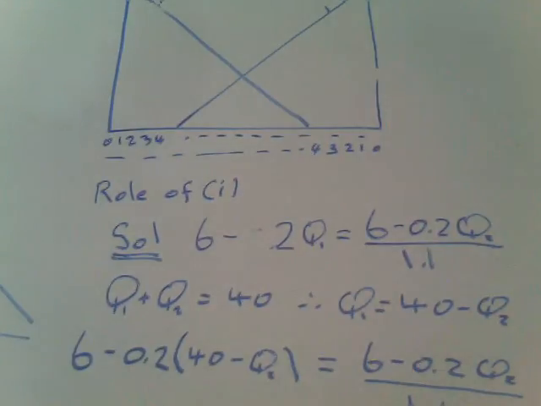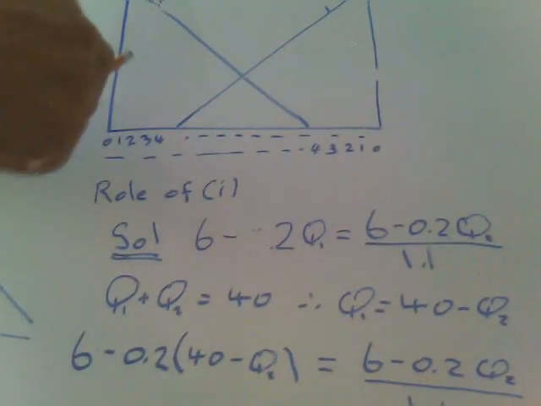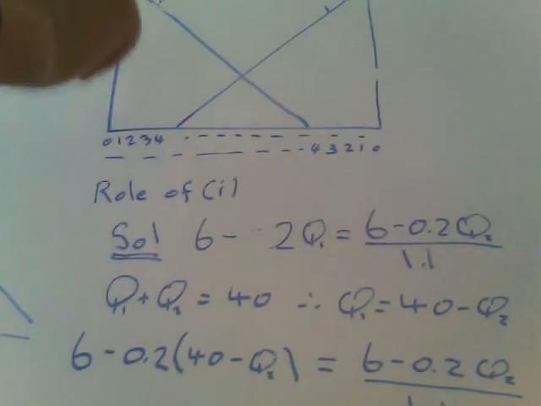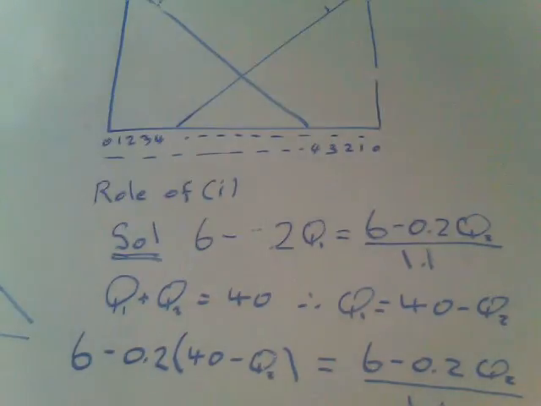Now, one very important crucial thing to note is that I am not going to take all the demand curve and flip it over. I'm going to take only the portion that is above the marginal cost. And what was the marginal cost?